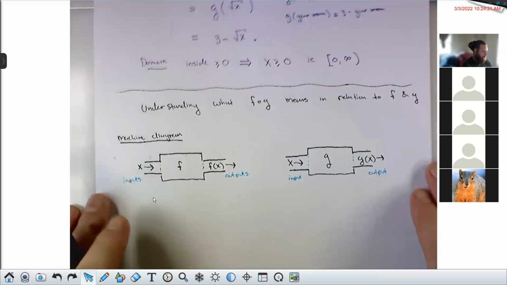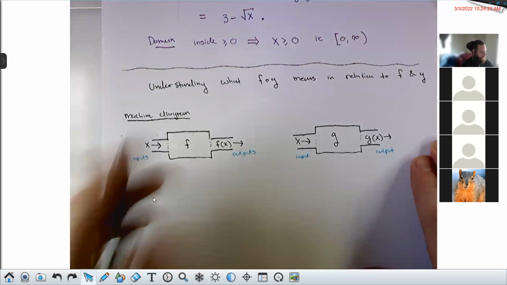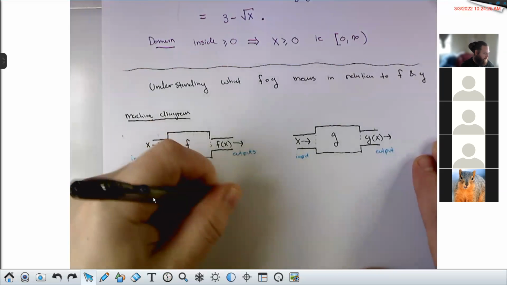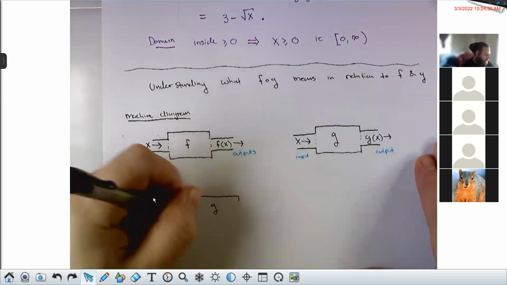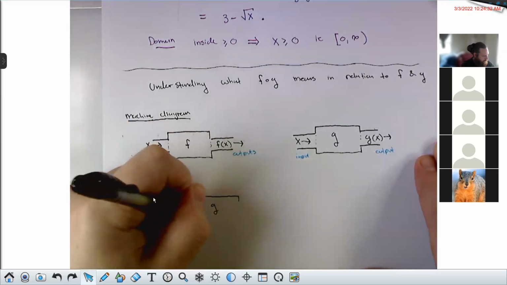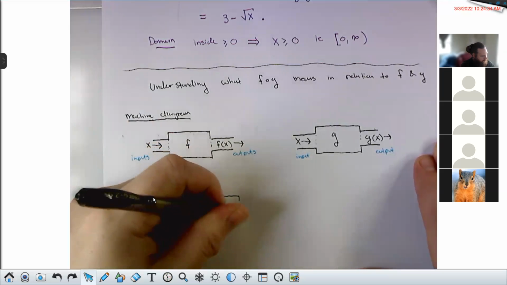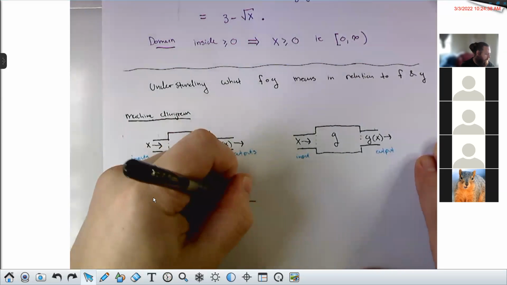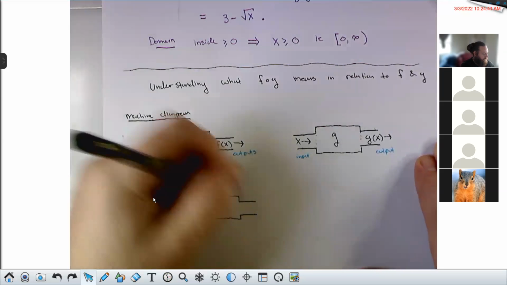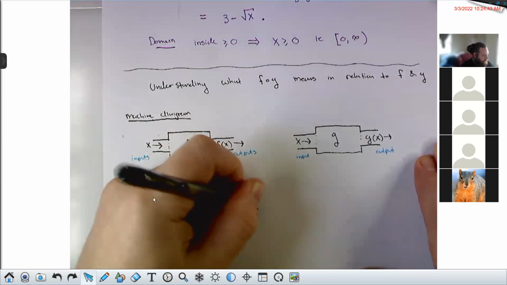So here's the f of g machine. You take the G machine, x's come in, g of x's go out.